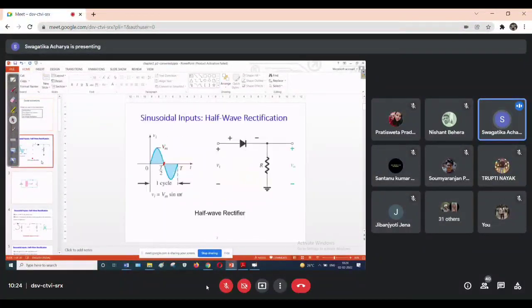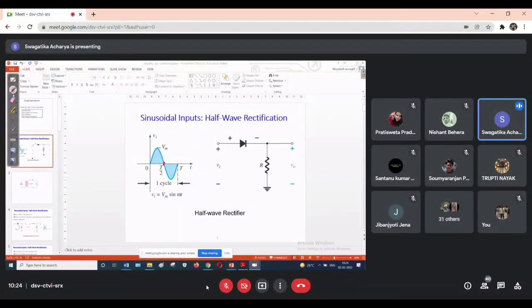Coming to the half wave rectifier, we will see. So this is the basic circuit of our half wave rectifier. One diode, PN junction diode, is also called our crystal diode, or you can say semiconductor diode.